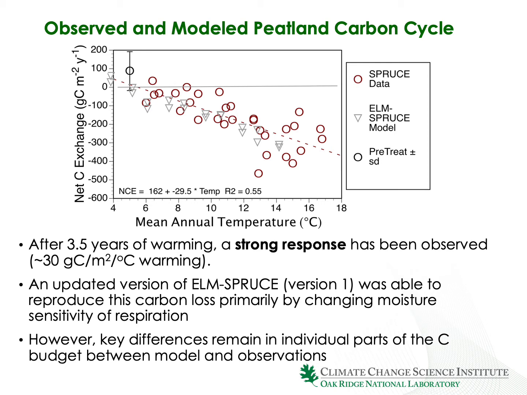So as the temperature warms, negative carbon exchange in this context means more carbon released to the atmosphere. And if you compute a slope of that, it's about 30 grams carbon per meter squared per degree of warming. And that's a quite strong response that we're seeing at this site.